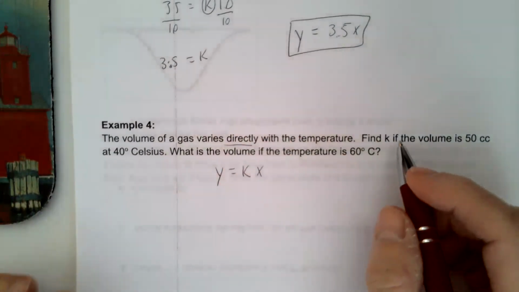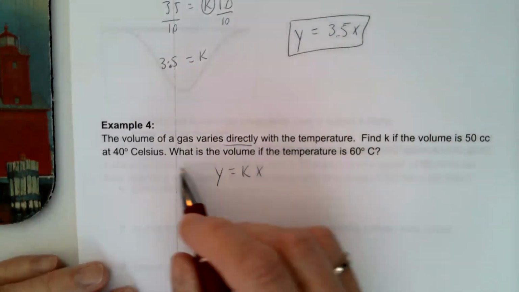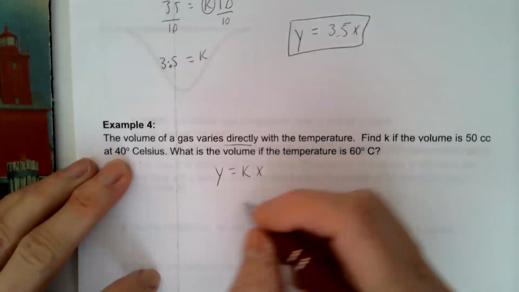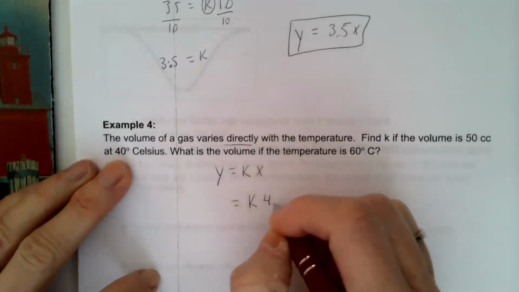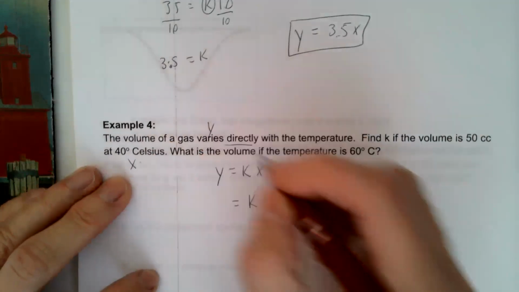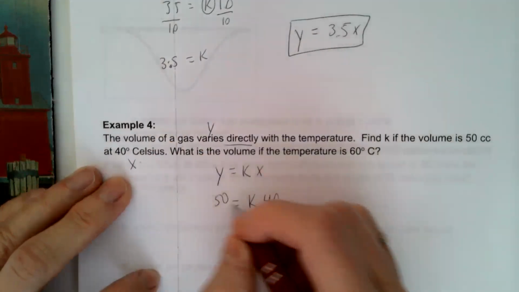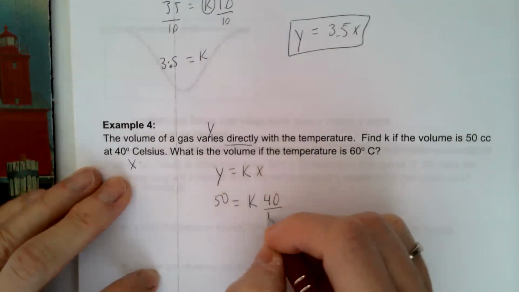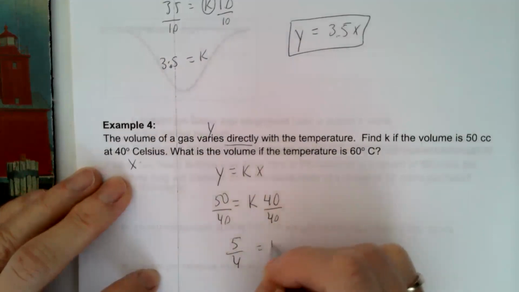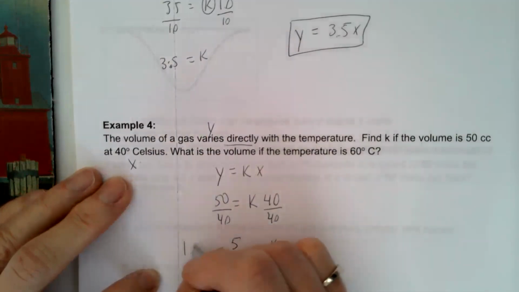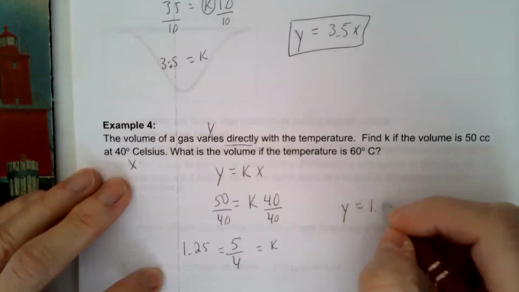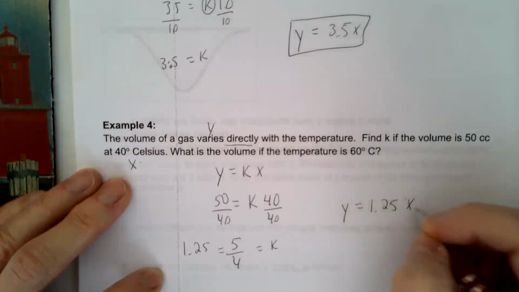My independent value is the temperature, so that's my x, 40, and my volume of gas is my y, so that is 50 cc's. To find out what my k is, I need to divide by 40. So I get 5/4 is k, or 1.25.